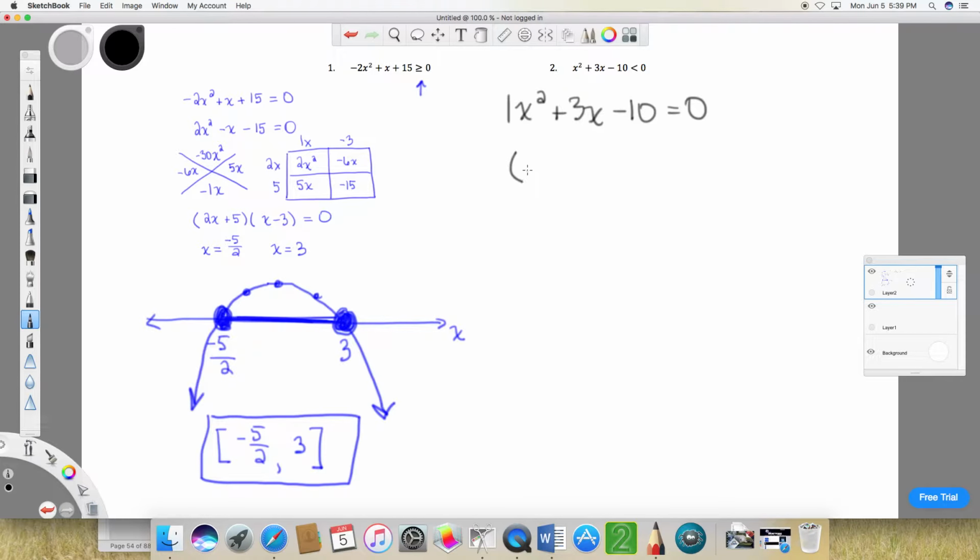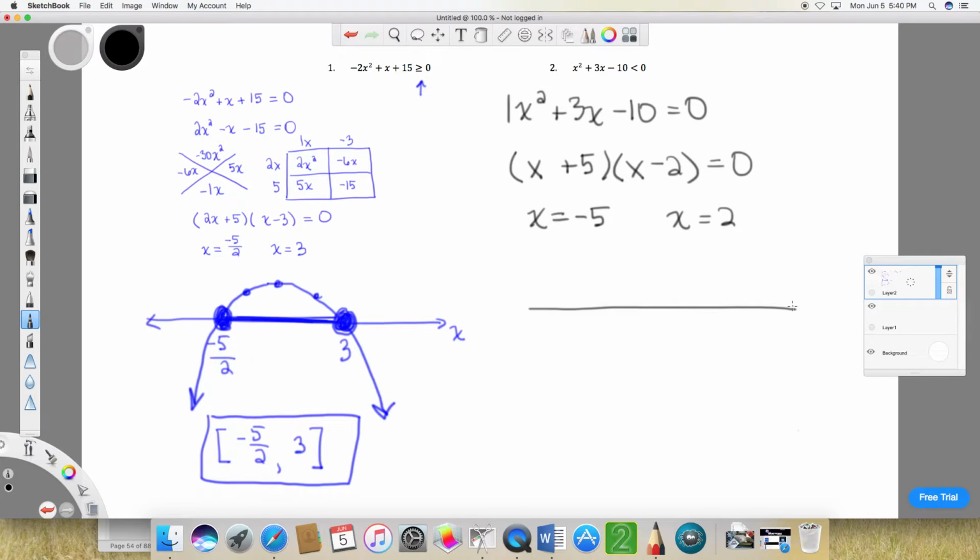With 1, it's easy to see that x times x is x squared, and then two numbers that multiply to give negative 10 but add to give positive 3. It's easy to see that I want plus 5 and minus 2. So that gives me solutions of negative 5 and positive 2.